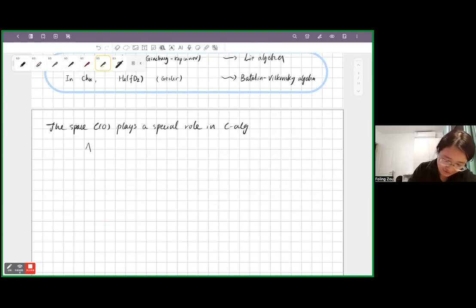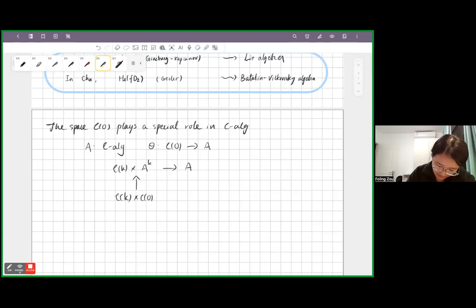Basically, let's say A is a C algebra, then we will have a map from C0 to A. So taking k equals 0 in the structure map, we get a map from C0 to A, and this map is compatible with the theta in this way.